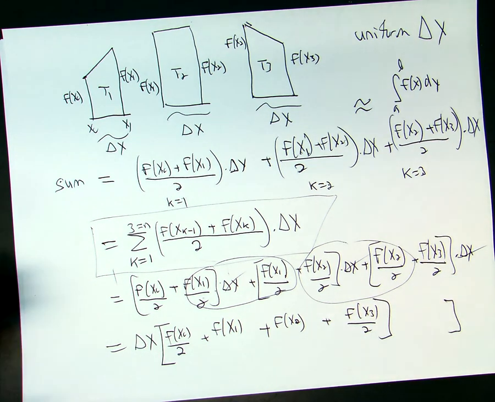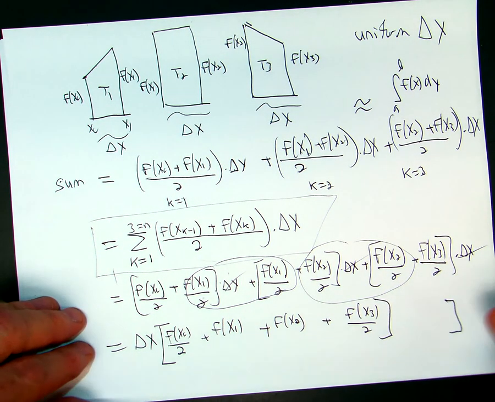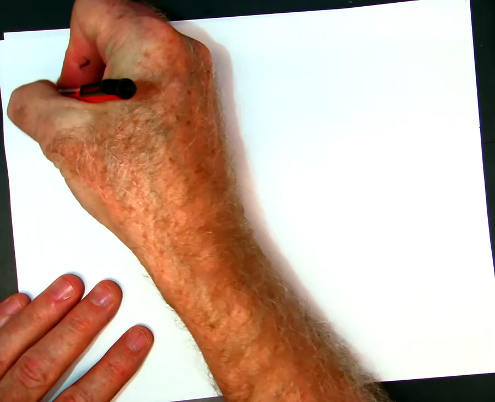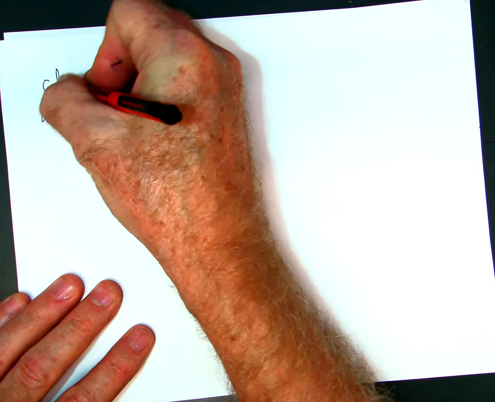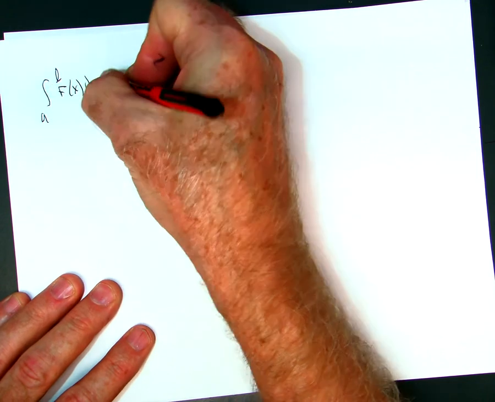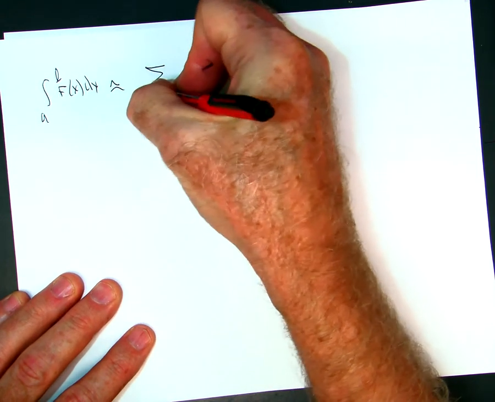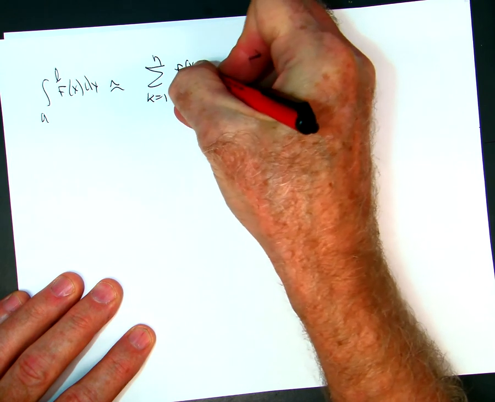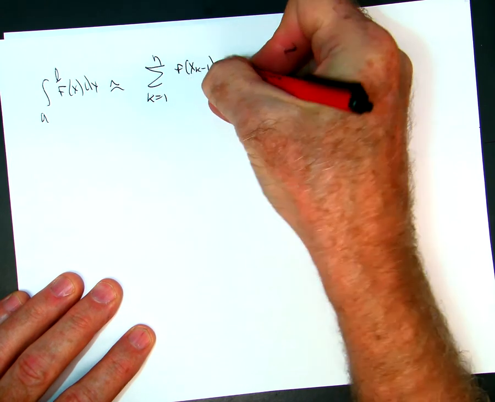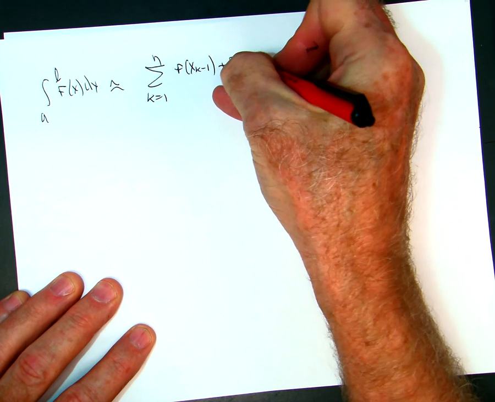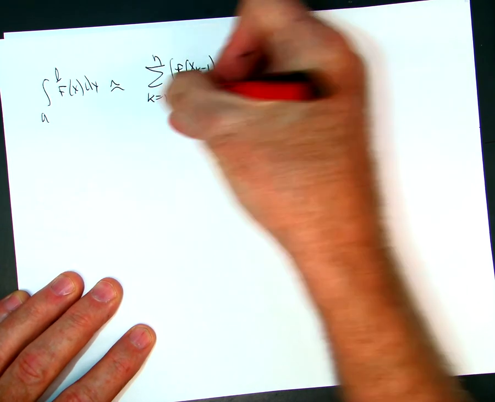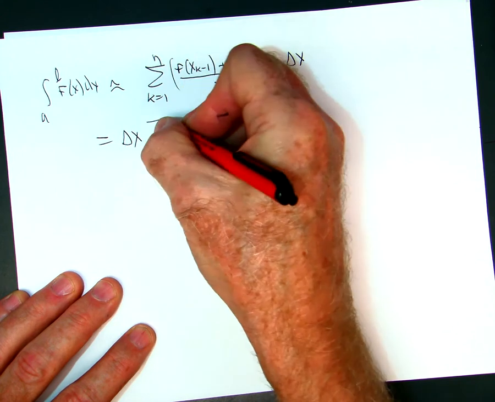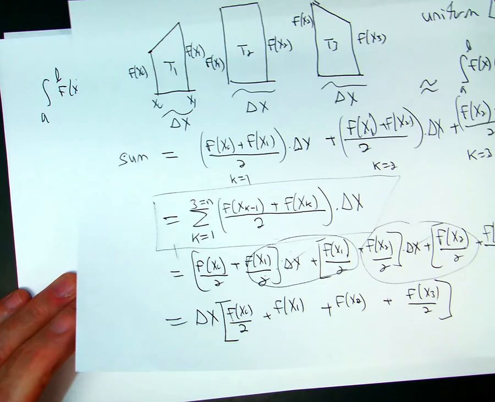Okay, a lot of people prefer to do it this way. So in other words, I'm going to rewrite the trapezoid rule on the next page. So here's what we're saying. This is the first summation. Now I can factor out that delta x and look at the pattern back over here.